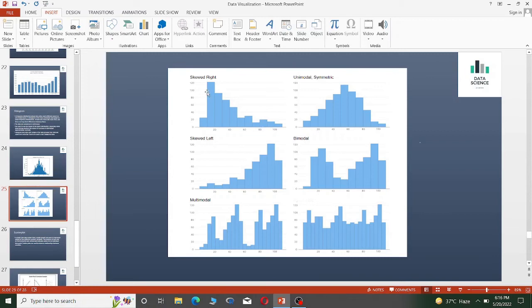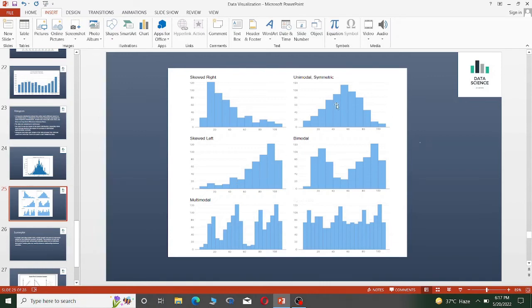So it is shown as right skewed. Similarly, it is shown as left skewed. Since it is higher on the right side and lower on the left side. Here it is lower on the right side. That is why it is right skewed. It is left skewed.